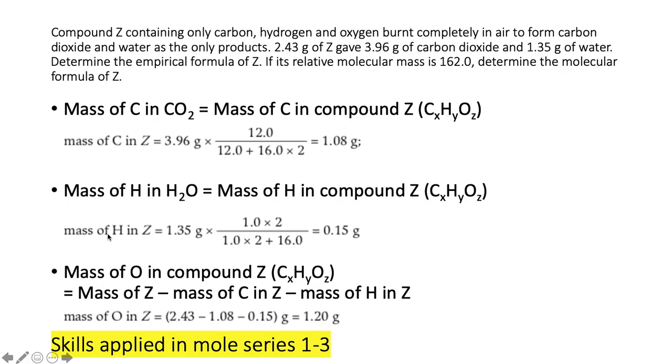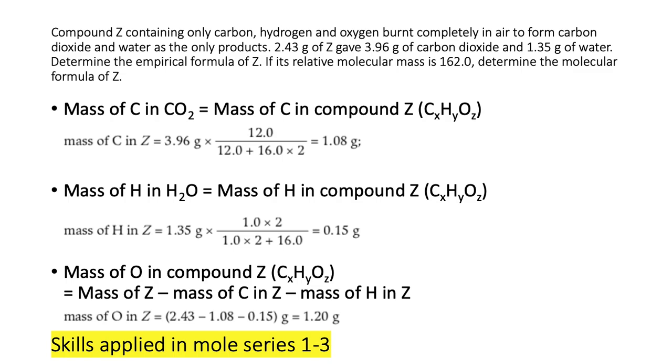Similarly, for the mass of hydrogen, you find the mass of the water and then the fraction of hydrogen in the water molecules. Eventually, you use the mass of Z, minus the mass of carbon in Z, and minus the mass of hydrogen in Z, to determine the mass of oxygen.